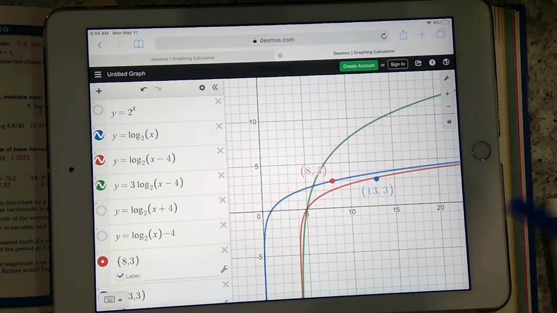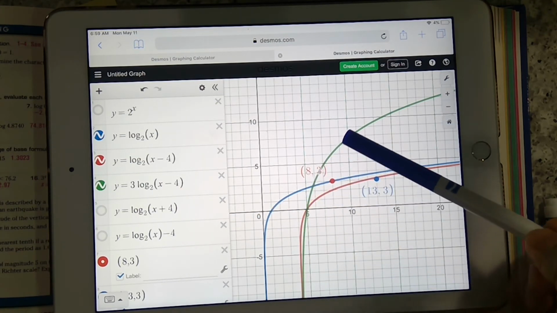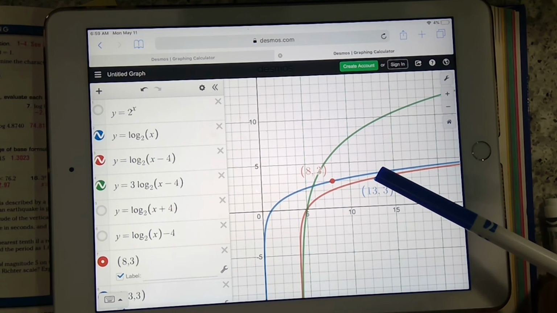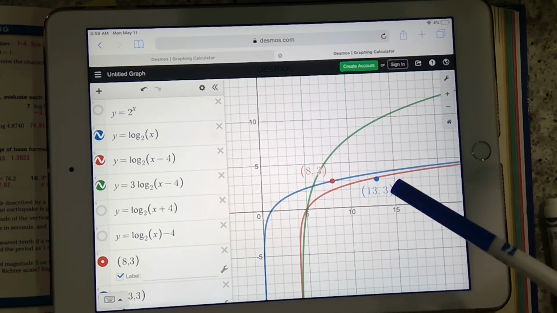Okay, so we can see that this is the original y equals log base 2 of x. When it got shifted over 4 units, this is going to be the new one. y equals 3 log base 2 of x minus 4. In this case, this is going to be about 3 times as high. So this should be about 3 times as high.